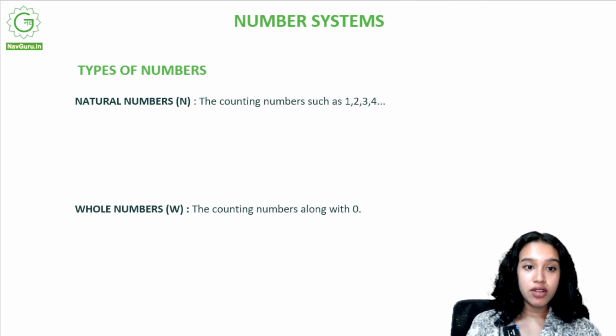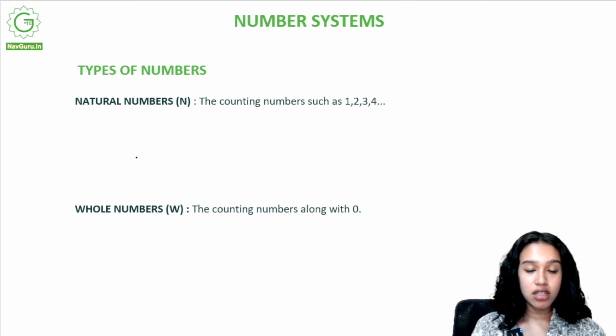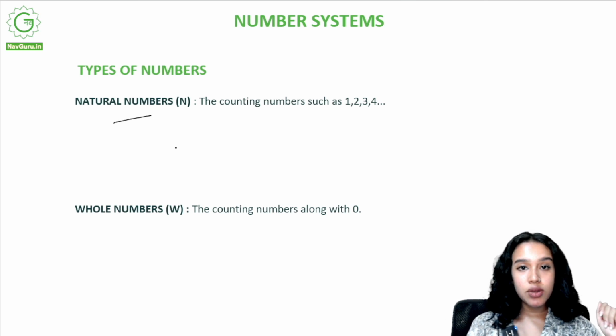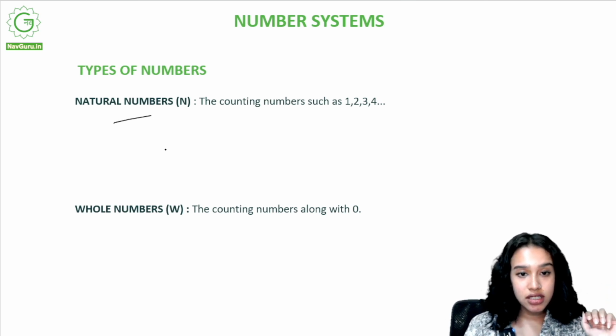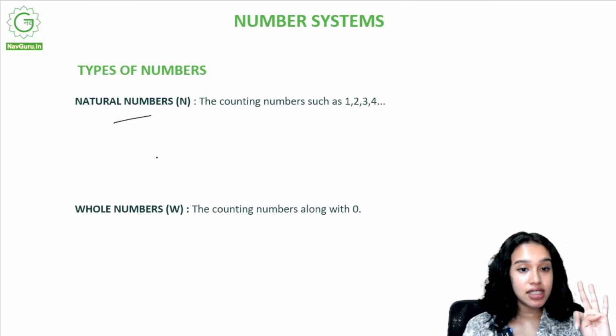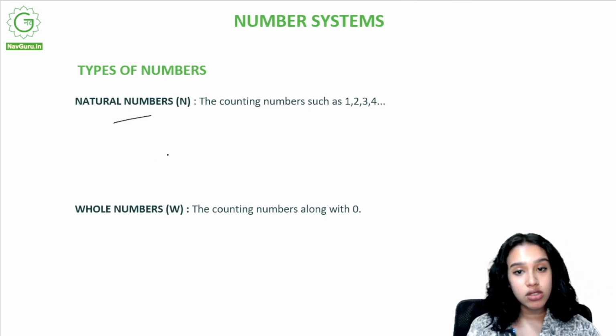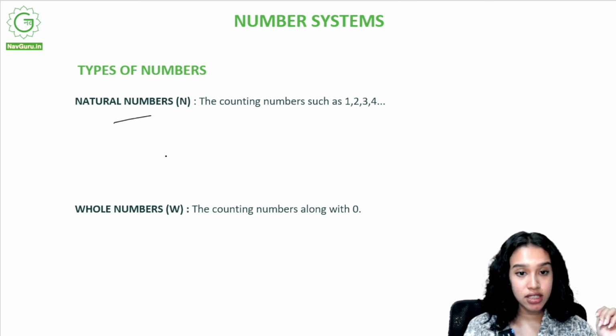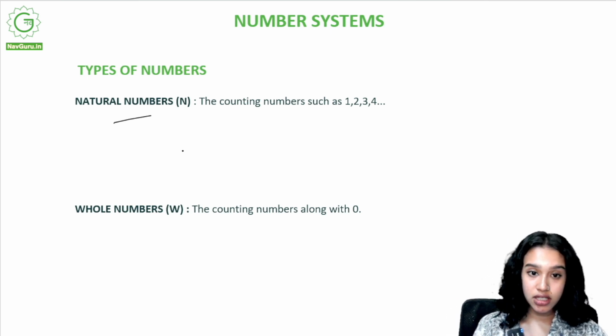First of all, we are going to natural numbers. So what are natural numbers? Natural numbers are the numbers that we could count with our fingers, which is 1, 2, 3, 4, 5, 6, 7, 8, and so on. So can we count 0 with our fingers?